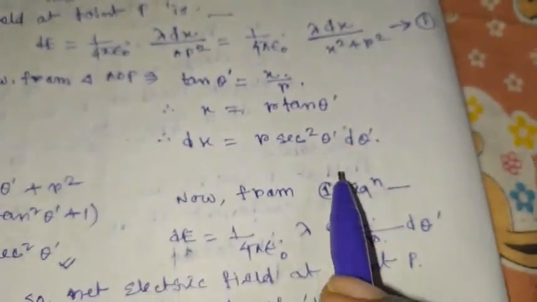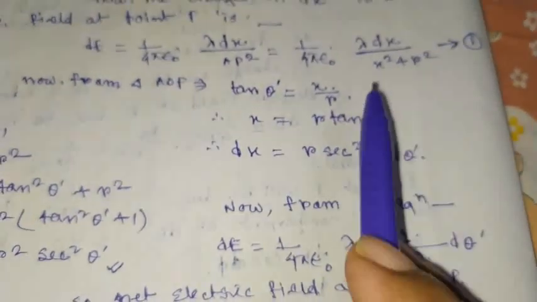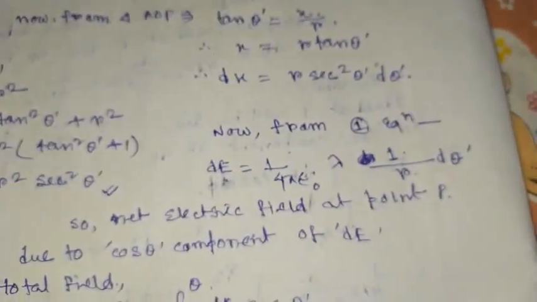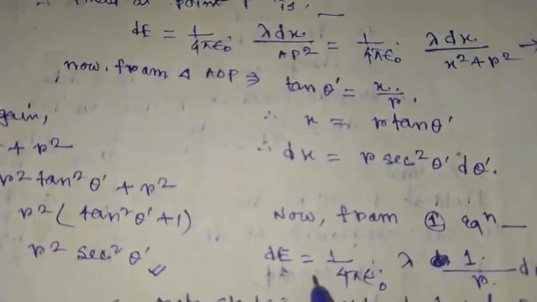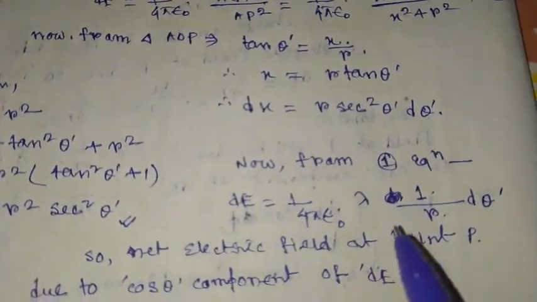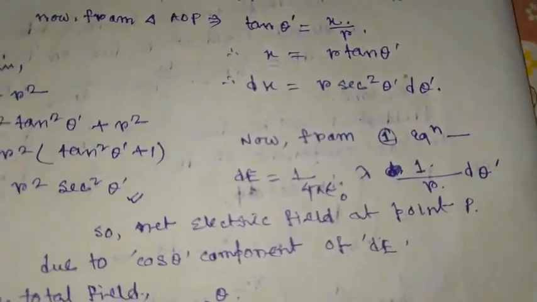Now from equation 1, if we put the value of dx and x square plus r square, then we can find the electric field dE equals 1 by 4 pi epsilon naught lambda by r d theta prime.